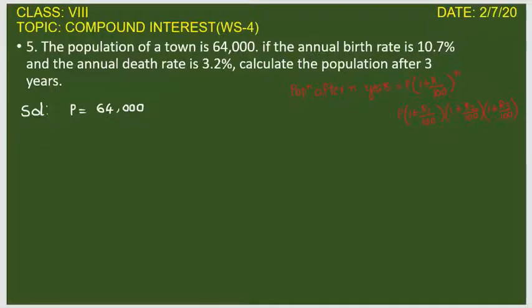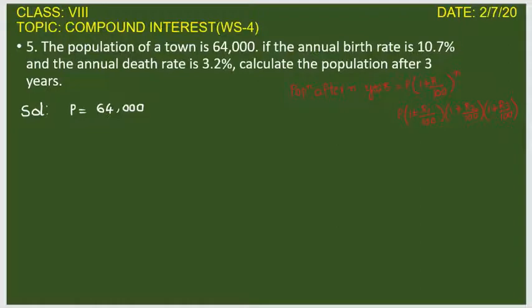Now selecting the formula, children, you may get confused which formula should be applied to find the population after any years. Whether you should apply P multiplied by (1 + R/100) whole power n, or P into (1 + (R - R1)/100) into (1 + (R - R2)/100) into (1 + (R - R3)/100).